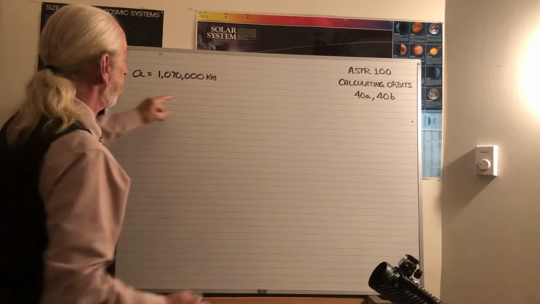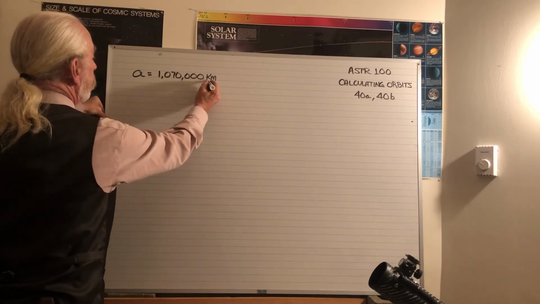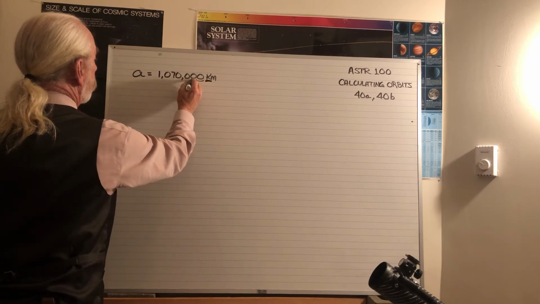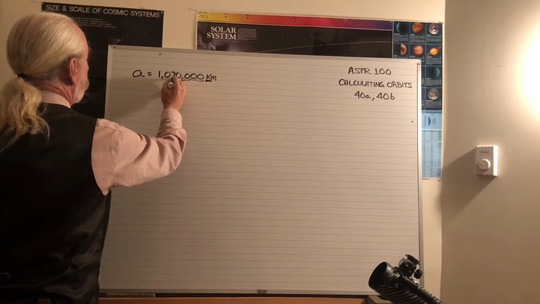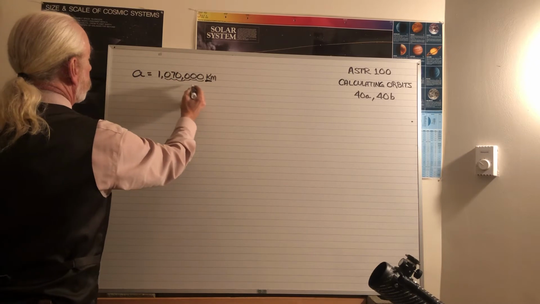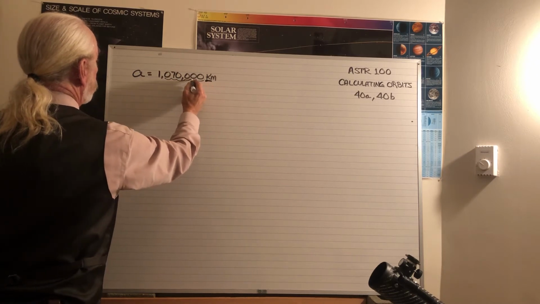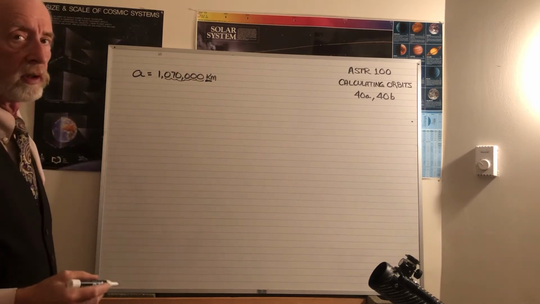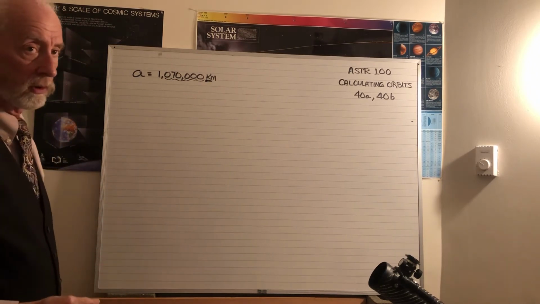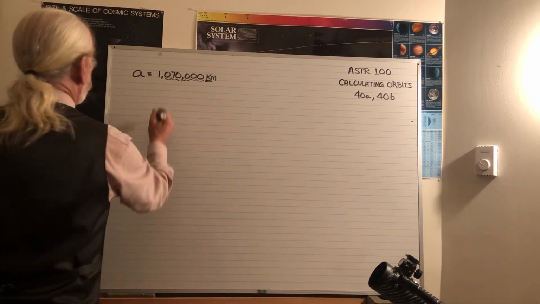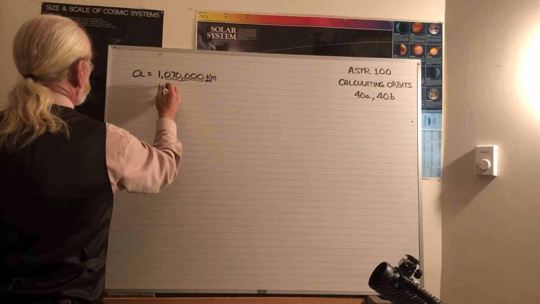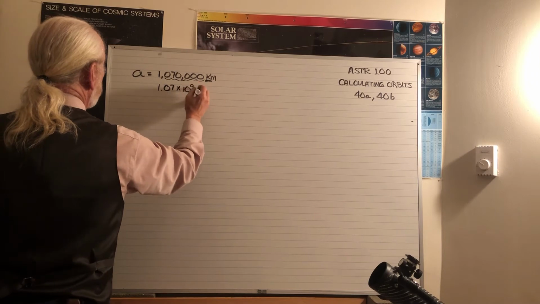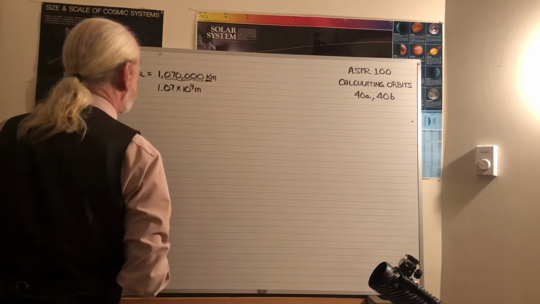So, very carefully, kilo is 10 to the third, all right? And then I'm going to go 1, 2, 3, 4, 5, 6. All right, just be careful. 1, 2, 3, 4, 5, 6 places to the left. All right, so my decimal's going to go up. So that's going to make it 1.07 times 10 to the 9th meters.